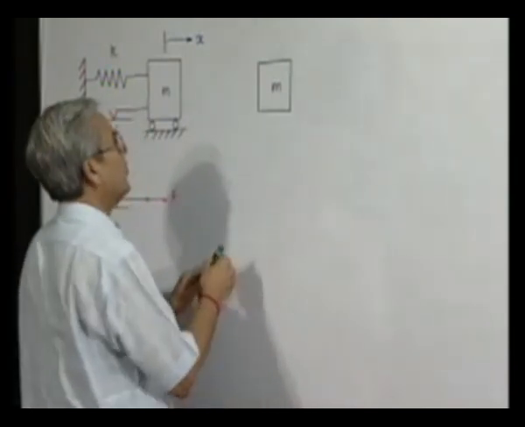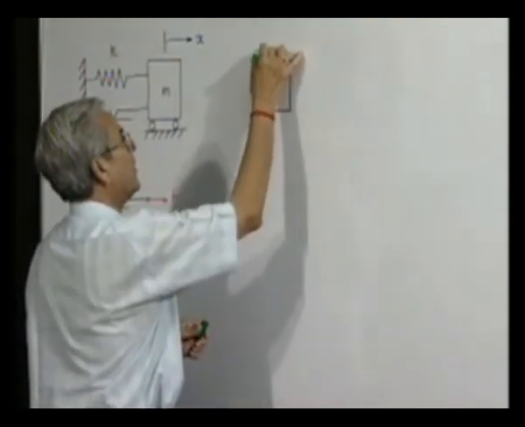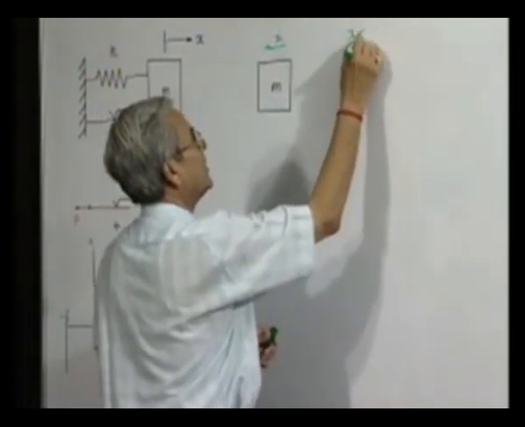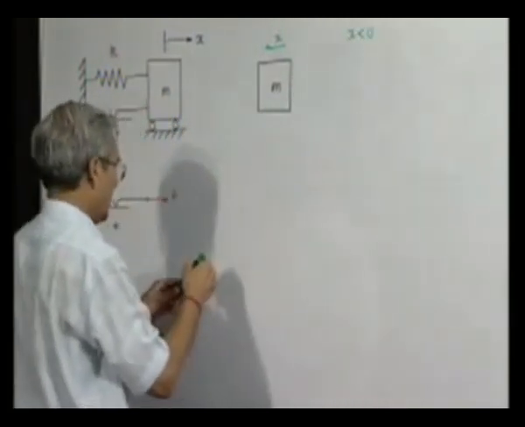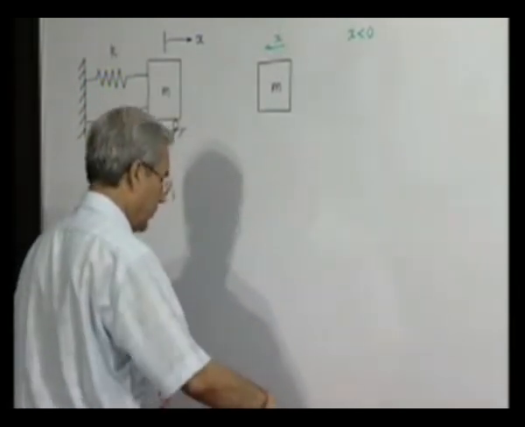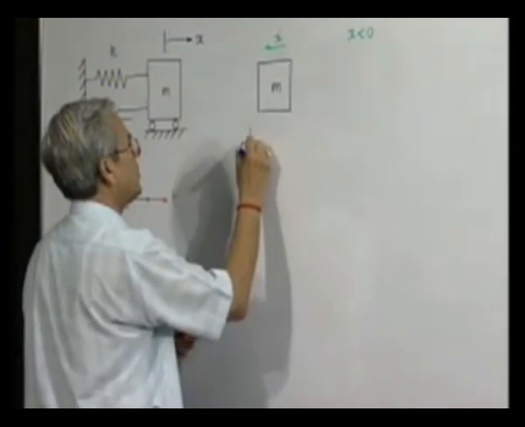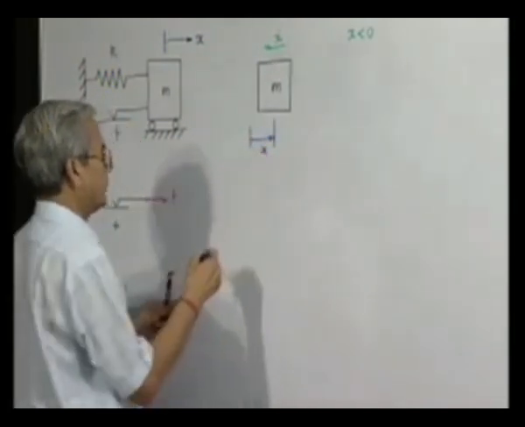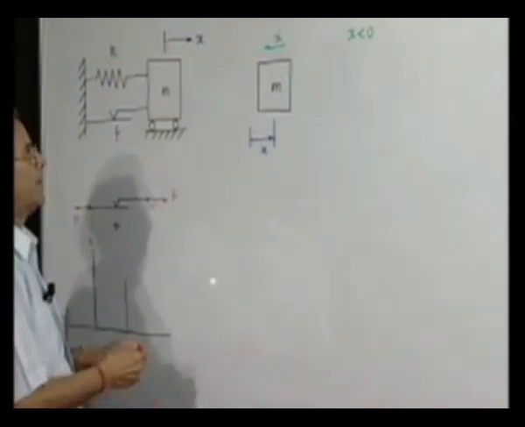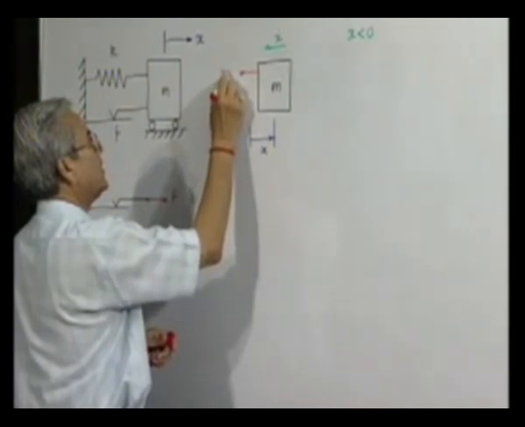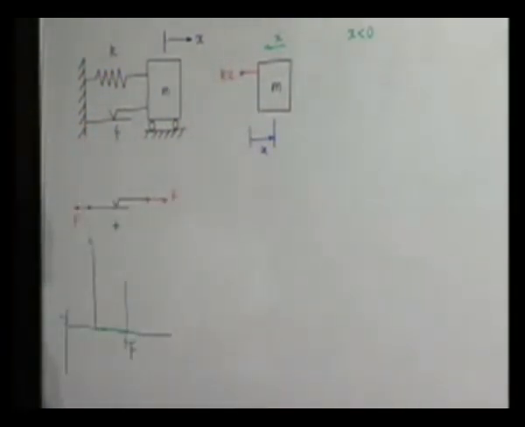So, when it is moving in this direction, that is the case x dot is less than 0, then the spring force, irrespective of its position, suppose its position from equilibrium position is x, the spring force will be in this direction, which is proportional to the stretching or deformation of the spring.